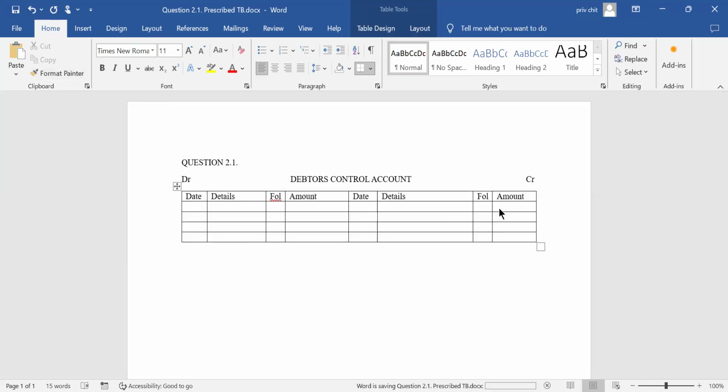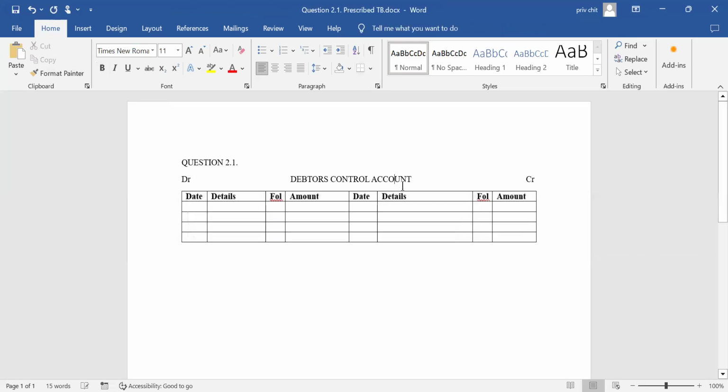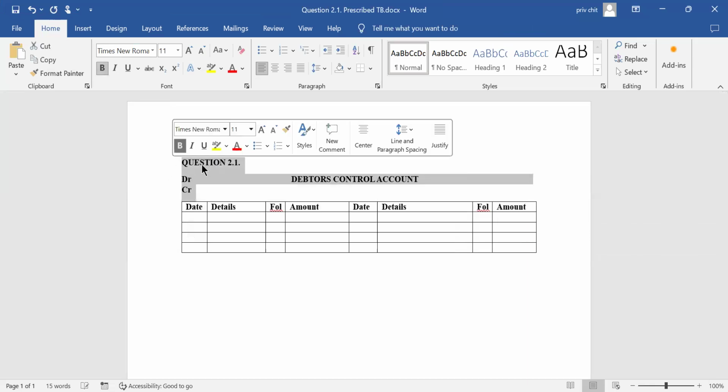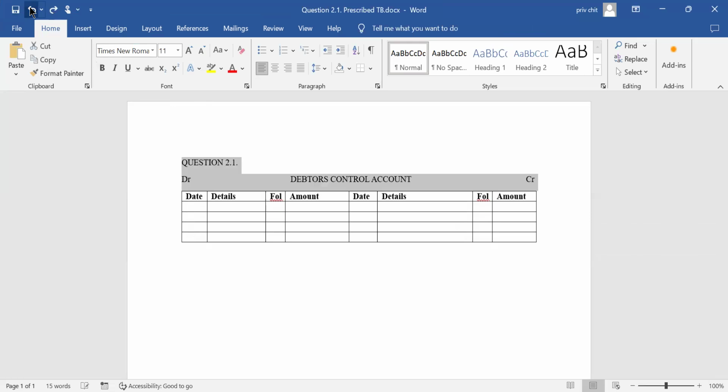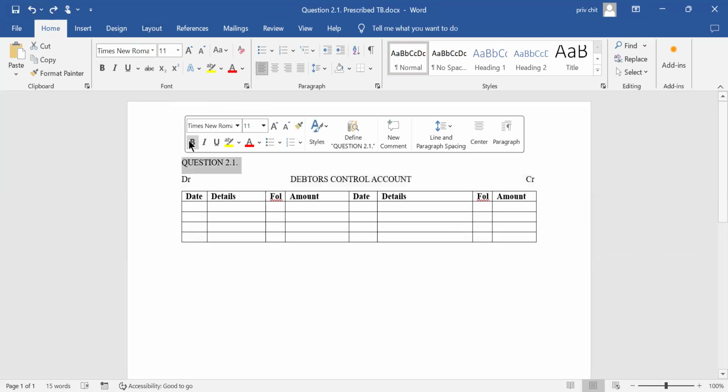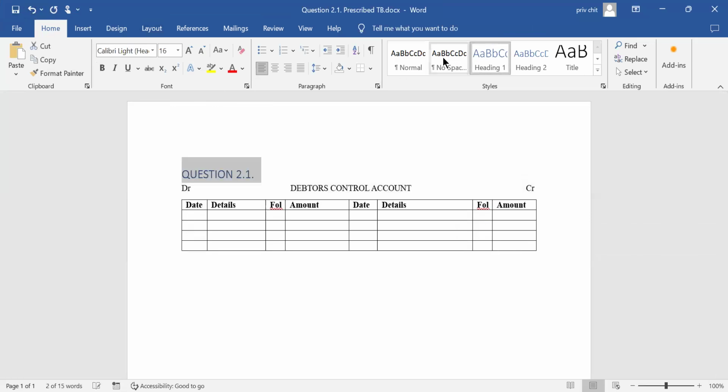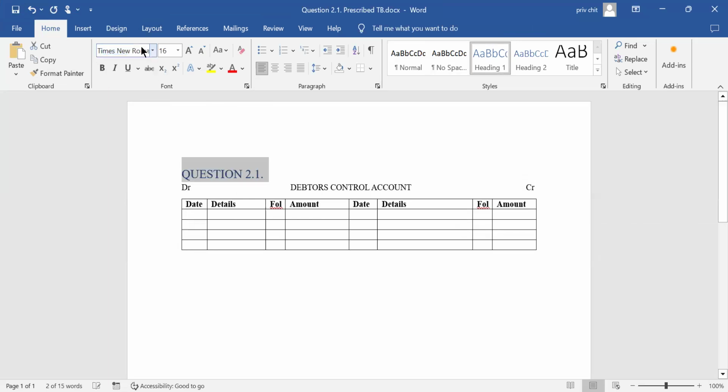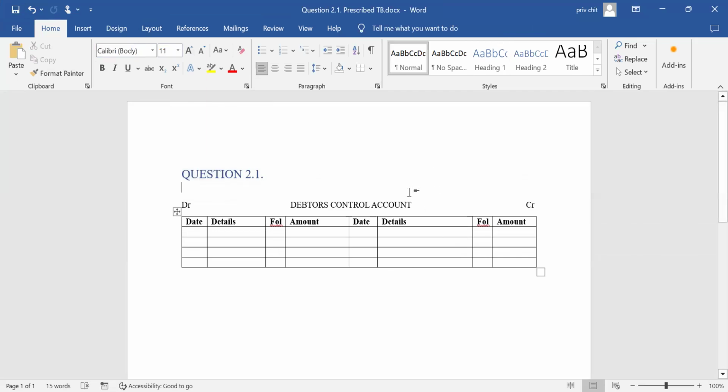So there we have it, and we can just make this bold. Perfect. So we've designed our debtors control account.